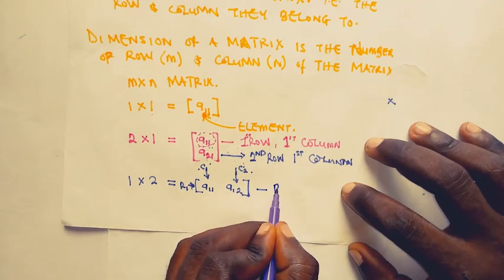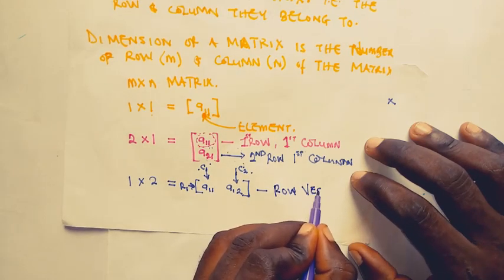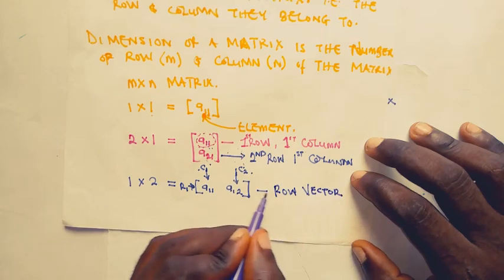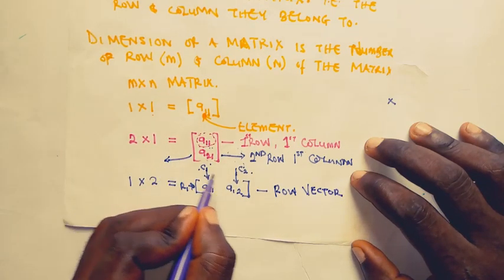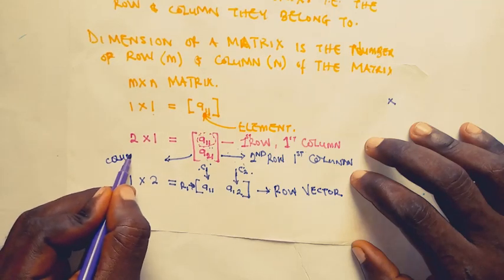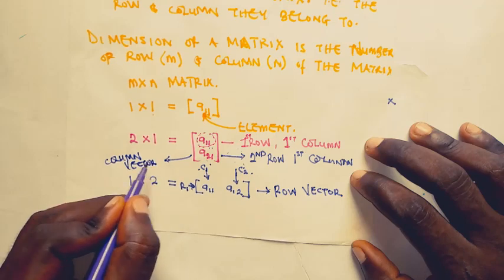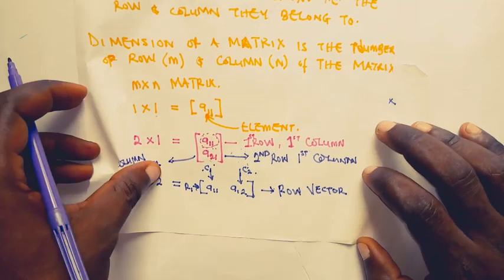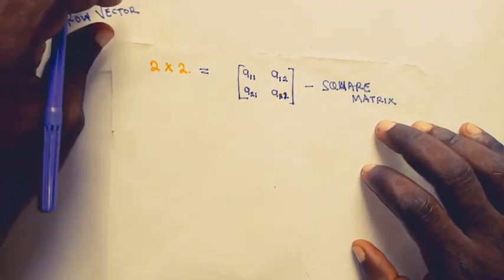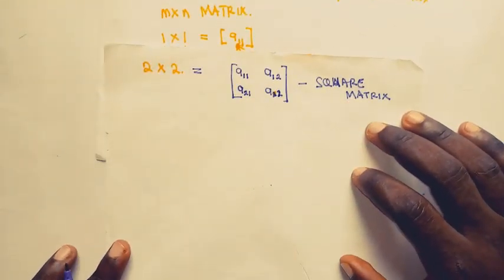So we call this one a row vector, and we call this one a column vector. Unlike these, the one that has an equal number of rows and columns is called a square matrix.